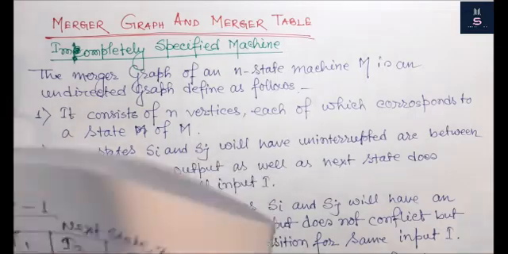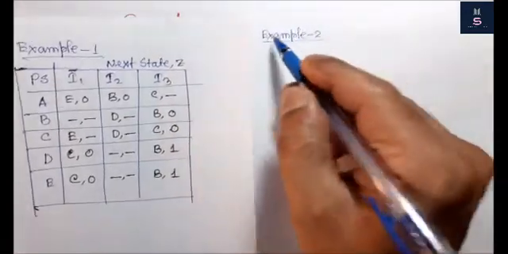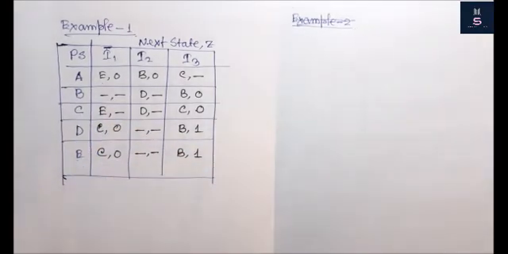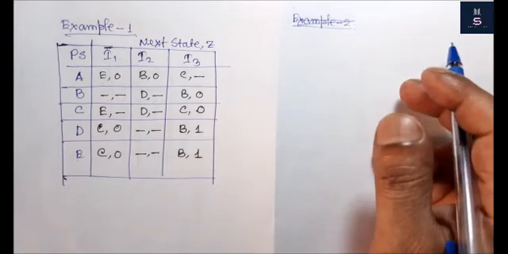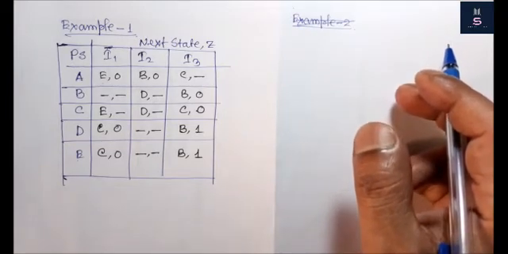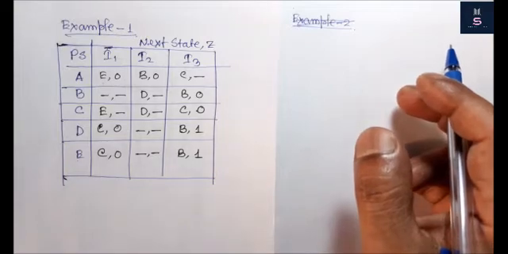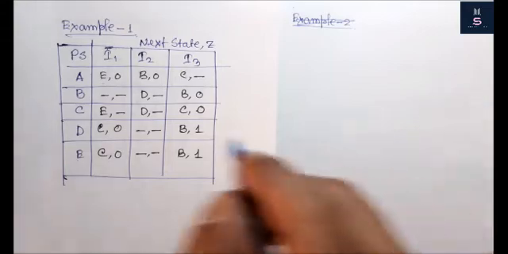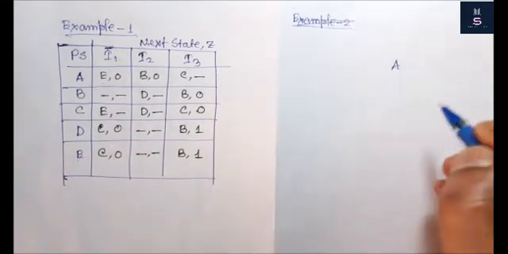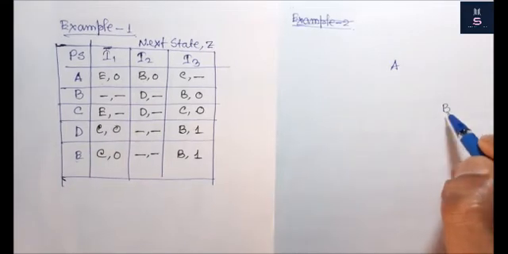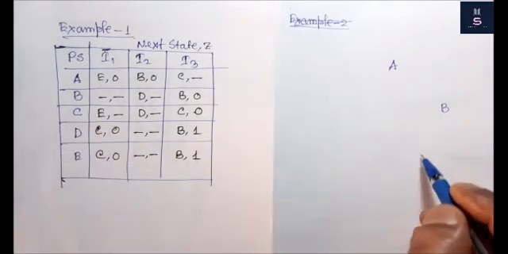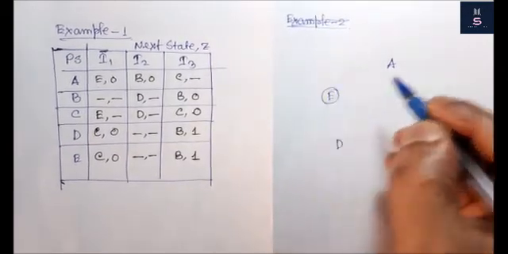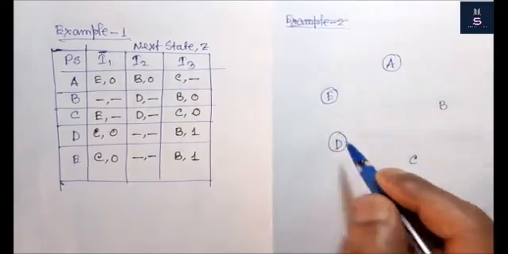In this example, how many states are there? 1, 2, 3, 4, 5. So 5 states. Each state corresponds to a node or vertex of the graph. So we can write A, this is another state B, then C, then D, then E. Each vertex of the graph corresponds to one state.